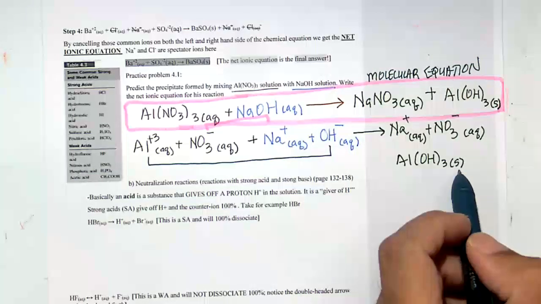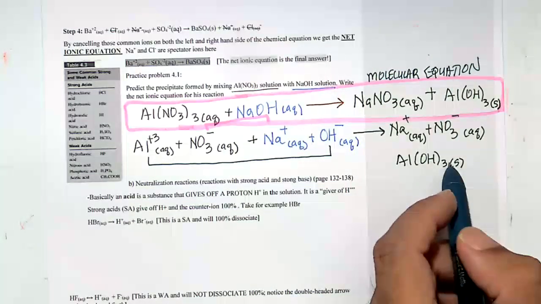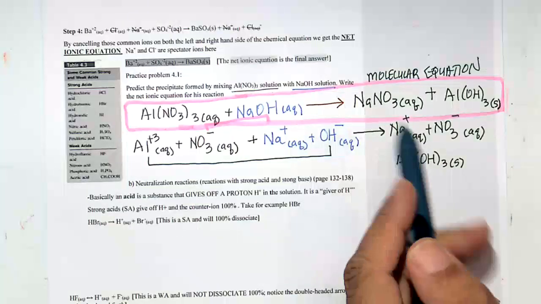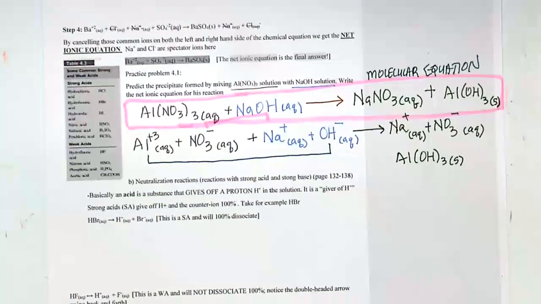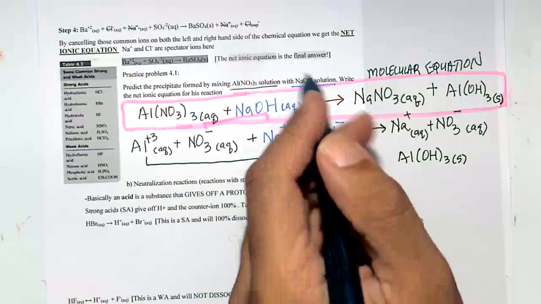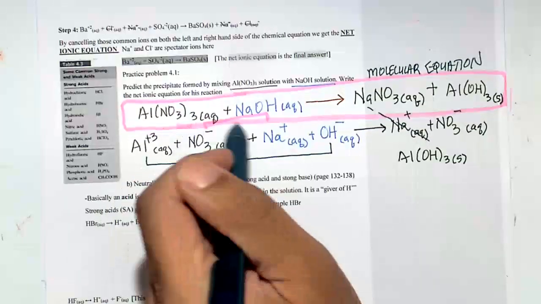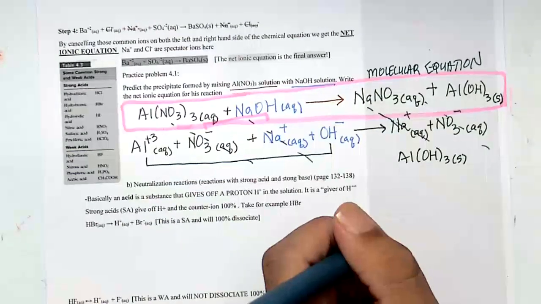Now, will there be a net ionic equation to this one, or will it be no reaction? There will be a net ionic equation. How come? Because you produced a solid. What's the name of that solid? Aluminum hydroxide. What are the spectator ions here? Na and NO3.